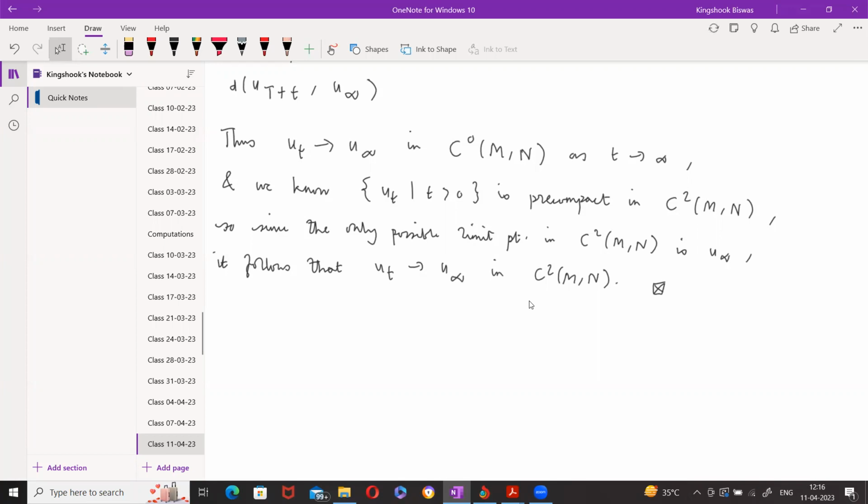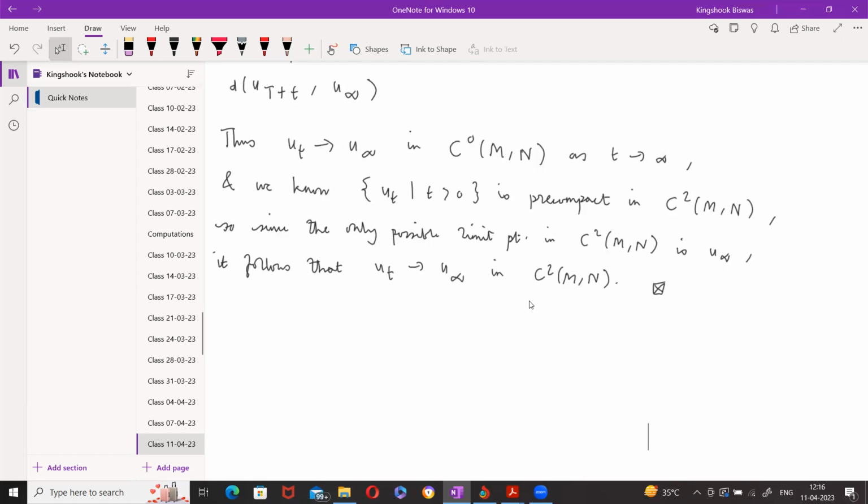Yes, so we showed the C0 convergence, and then we use the fact that in C2, my family u_t is pre-compact. So for a pre-compact family, to show convergence you just have to show that the family has a unique limit point, right? Once you know it's pre-compact, showing convergence is the same as showing it has a unique limit point.